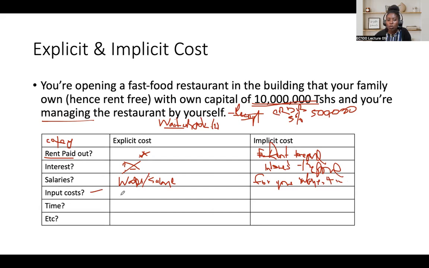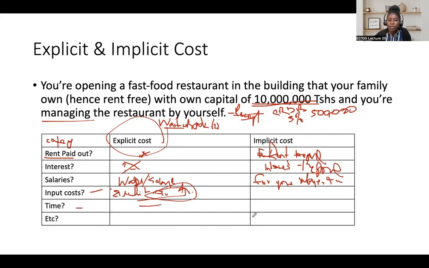If there are input costs, let's say this is a restaurant, think of any input costs, like maybe electricity, whatever they use to cook, whatever flour, whatever those cooking ingredients, right? All those are explicit costs because they are being paid directly. So they'll be here, not here. How about time?